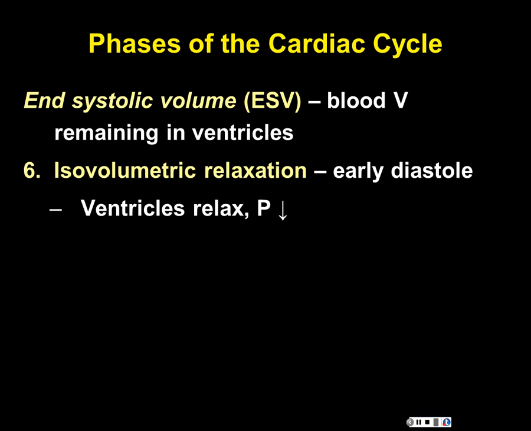It'll be low. The bulk of the blood went out in the form of what? What is the name for blood that exits the heart per beat? We call that the stroke volume. So the bulk of it is going to go out as the stroke volume, but some of it remains in the chamber, called the end systolic volume.